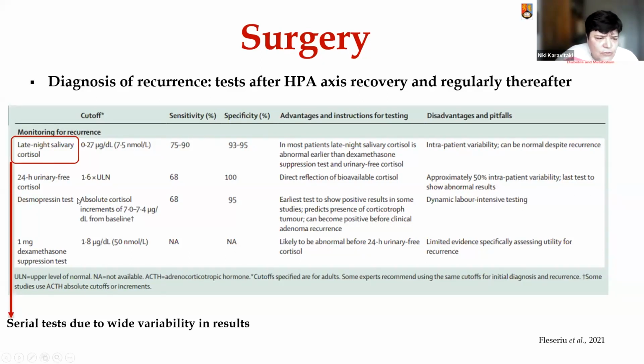And in some centers, they use the desmopressin test. It has been proposed that this test can predict the presence of a corticotroph tumor. And of course, it's dynamic and labor-intensive testing. But the message is: late-night salivary cortisol is first abnormal, followed by the 1 milligram dexamethasone suppression test.